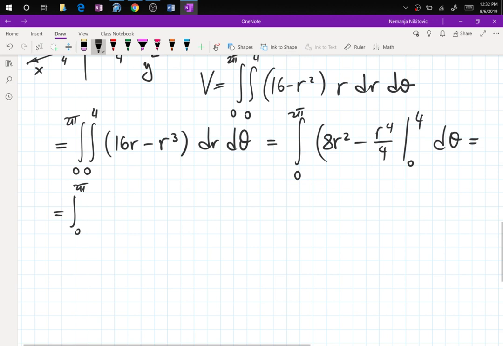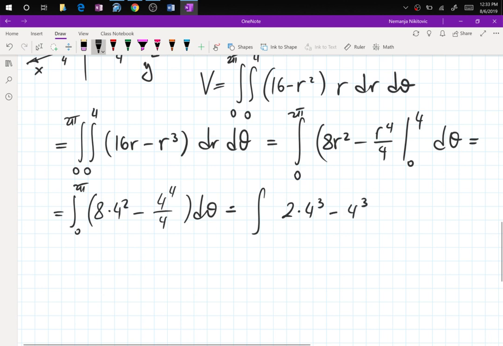Sometimes algebra works out much better. You have 8 times 4 squared minus 4 to the 4 over 4. Minus 0, that's all gone. It's very simple to compute because this 8 contains a 4 as well. So this is technically 2 times 4 cubed minus 4 cubed, because one of the 4's cancels there.